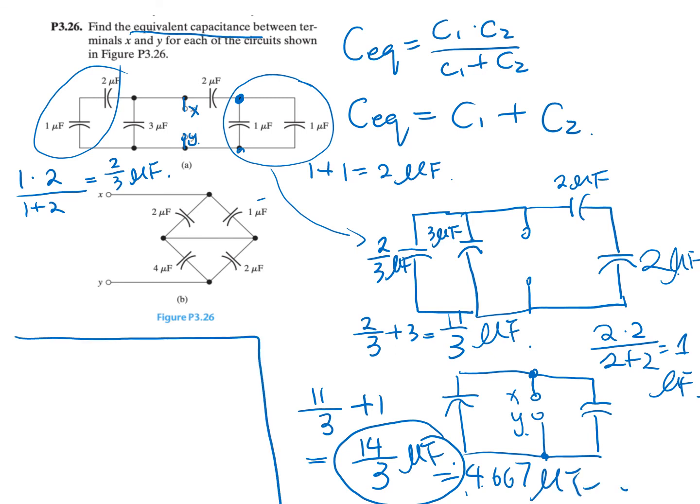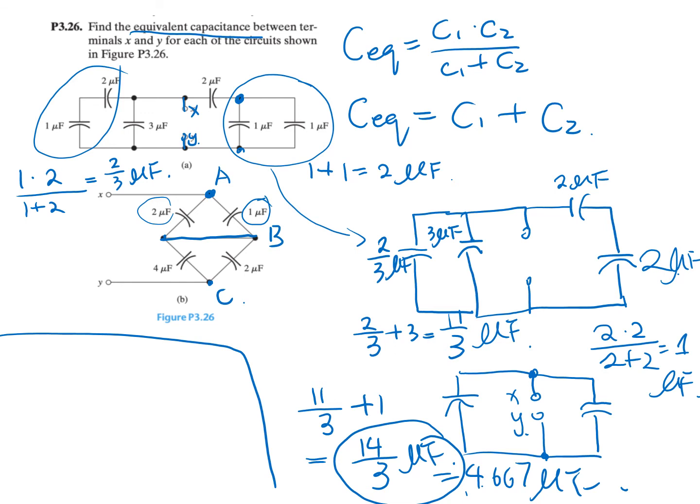Now for question B, we can see that this is node A, this is node B, and this is node C. The 2 microfarads and 1 microfarad capacitors are connected in parallel because both of them share nodes A and B. So we directly add them together.